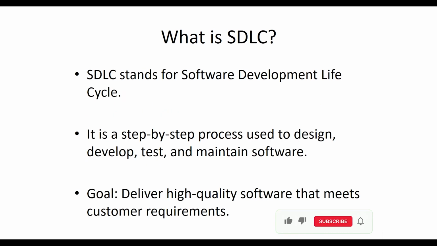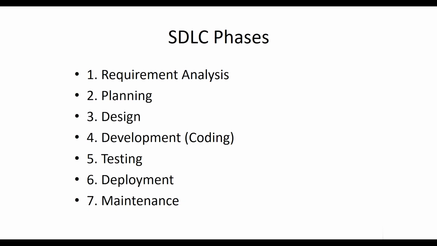What is SDLC? SDLC is the step by step process to create software from start to end. SDLC steps. First step is requirement gathering. What does the client want? Design.